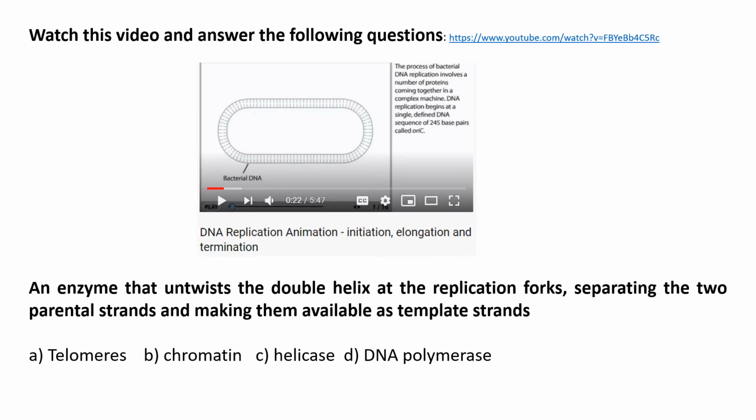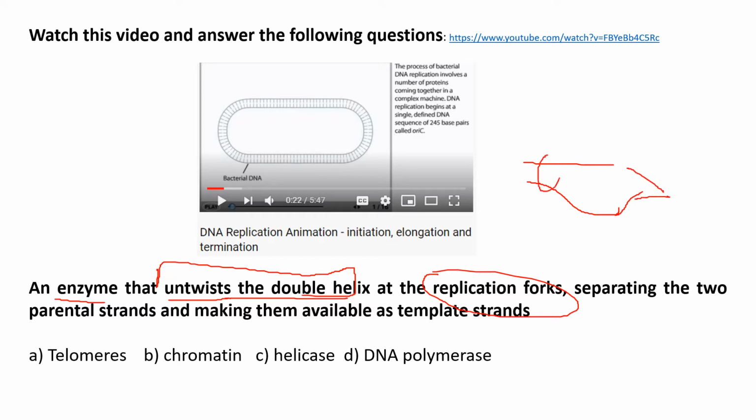Okay, now this is an enzyme question. If you remember, the replication complex has a lot of proteins, and I'm asking you for a specific enzyme that is in charge of untwisting the double helix. This is fundamental, and where it does this is at the replication fork. When you form the replication bubble, here you have the replication fork.